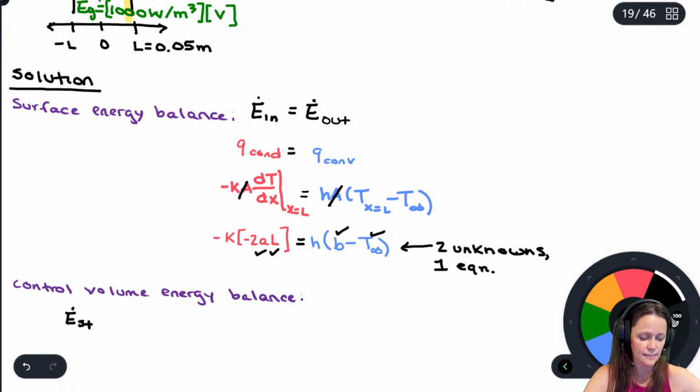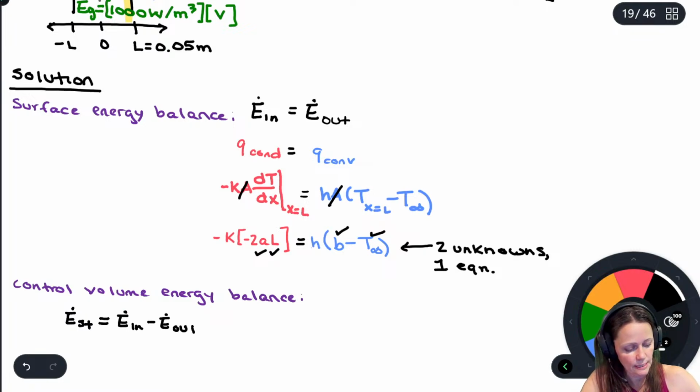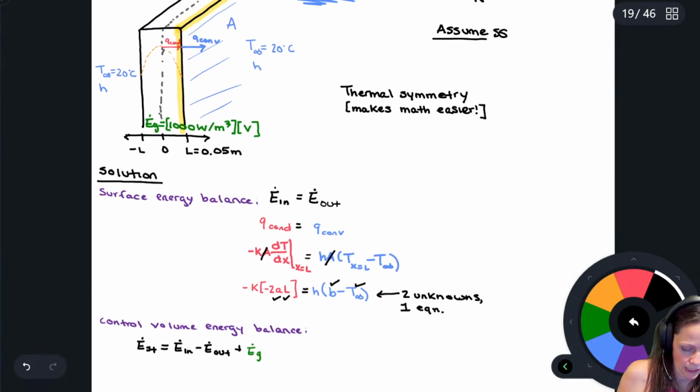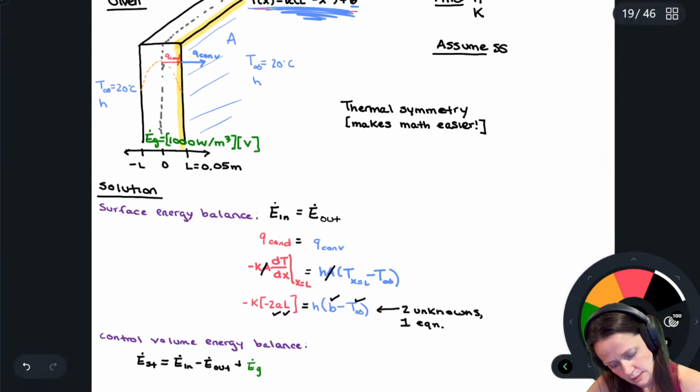So E dot ST is equal to E dot in minus E dot out plus E dot G. All right, let's look at our control volume and make sure we're thinking about the right thing.